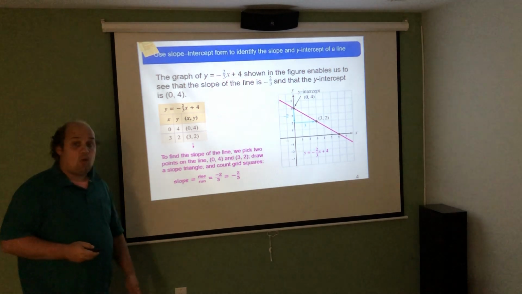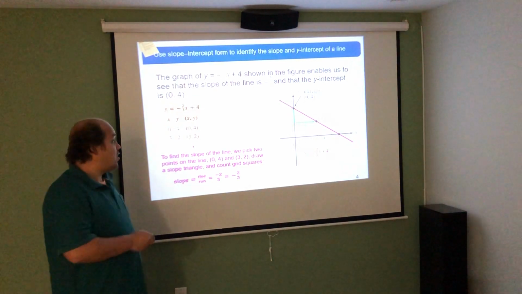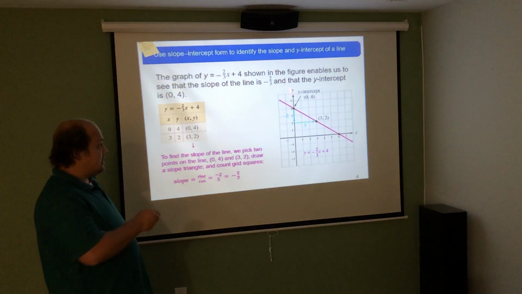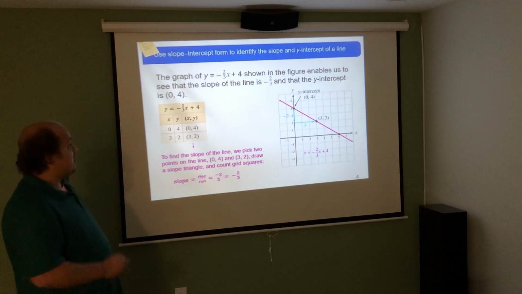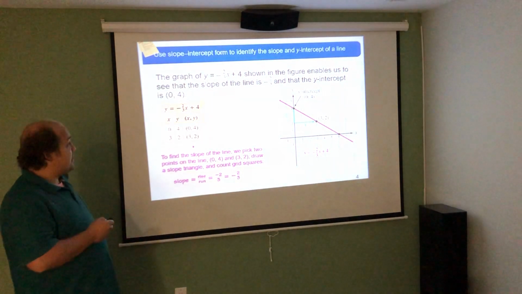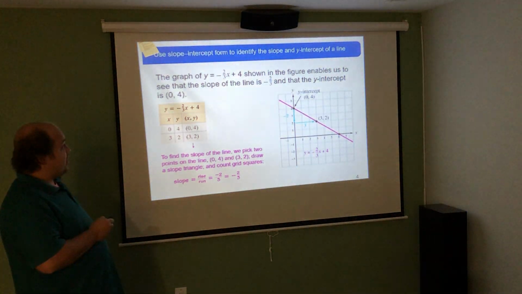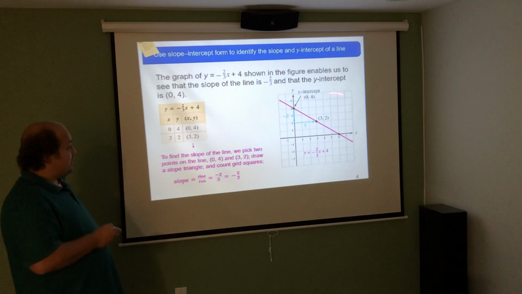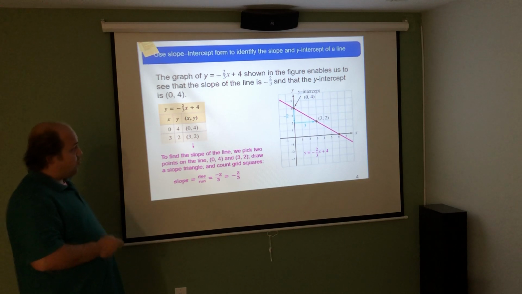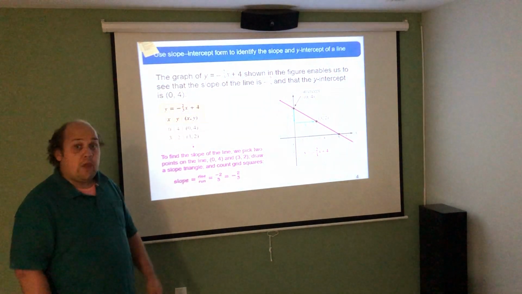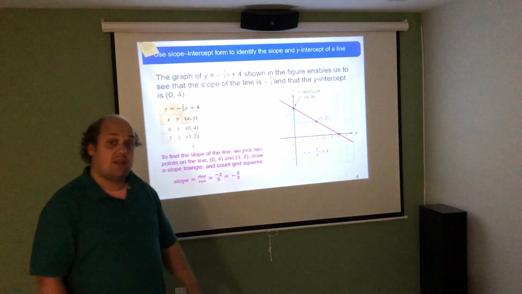So, doing rise over run, they see that negative 2/3 is the slope. Similarly, if they want to find the y-intercept, what that really means is, where does the line cross the up and down axis? Well, where it crosses is at this point right here, (0, 4) that we found. So from this original form of the equation, if we do all this work, we find that the slope is negative 2/3 and the y-intercept is (0, 4). But really, we could have gotten that right from the equation of the line.